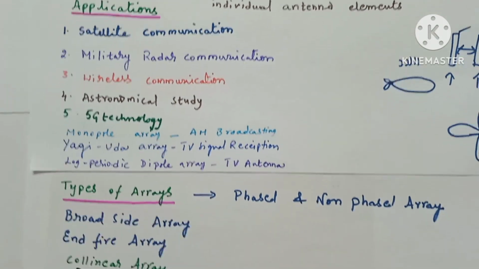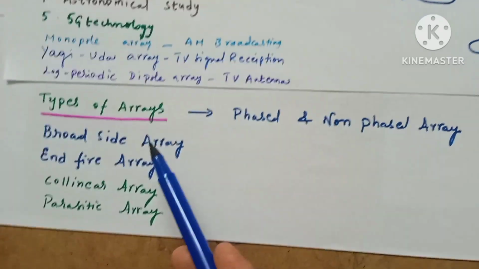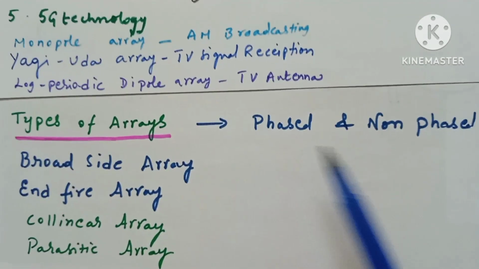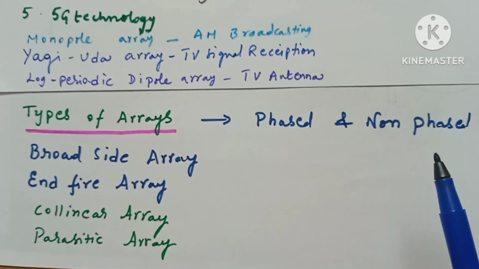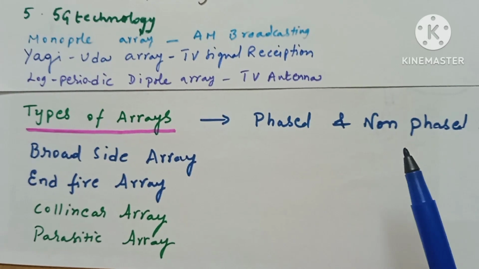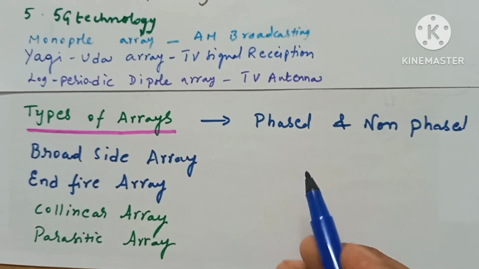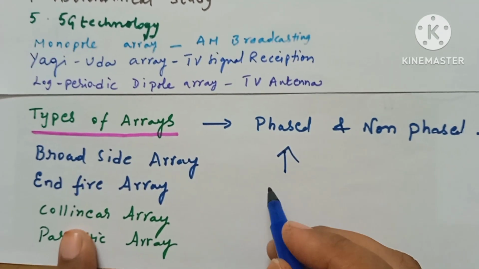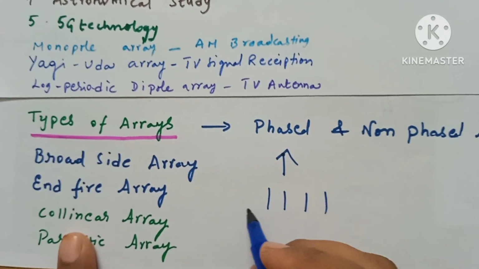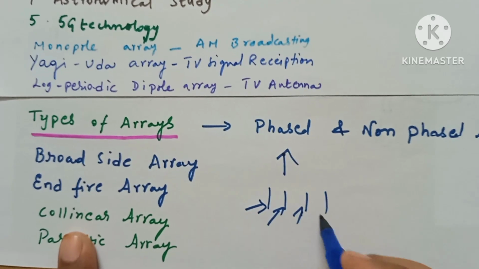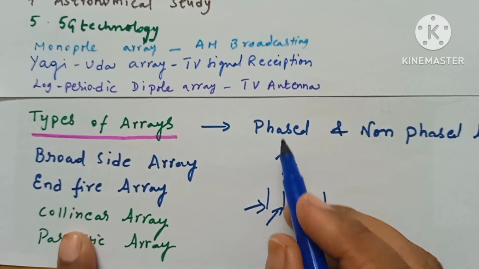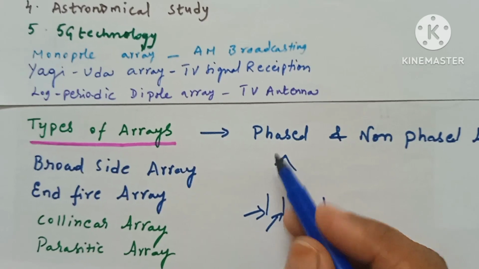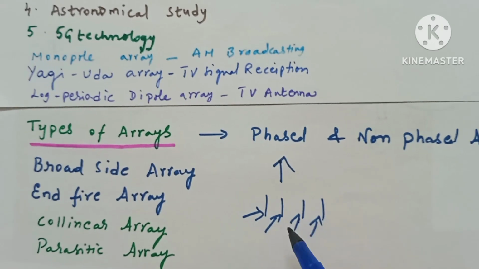Next we will have a quick glance at the types of arrays. Basically, phased and non-phased arrays are the fundamental classification of antenna arrays. Phased arrays means whenever you use your antennas as a group, if you introduce phase shifts or phase differences among the antennas, then they belong to this category.